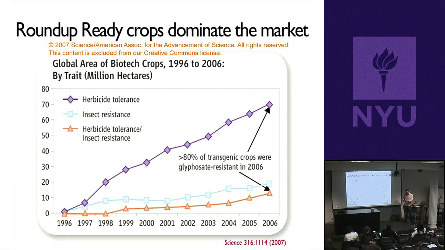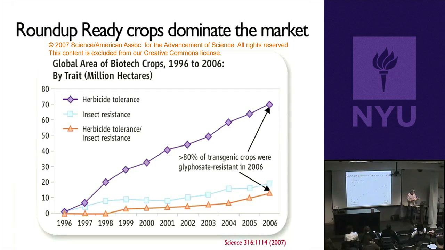So they started out with bombs, right? And they moved on to like Agent Orange, and then they moved on to nitrogen fertilizers. And now what they do is they sell you the chemical, this herbicide, and they sell you the plant. So these chemical companies have become agribusiness companies.